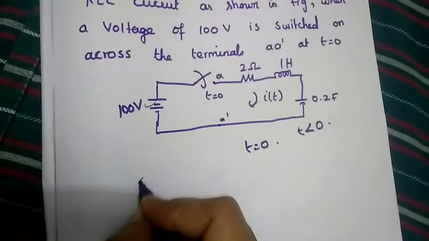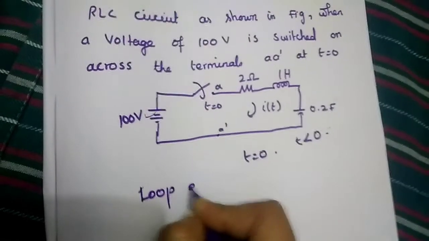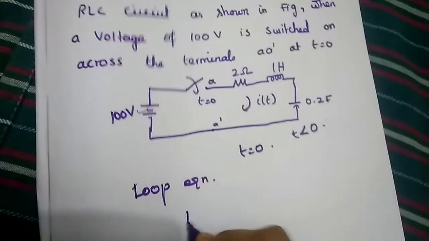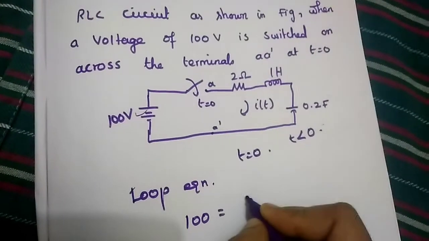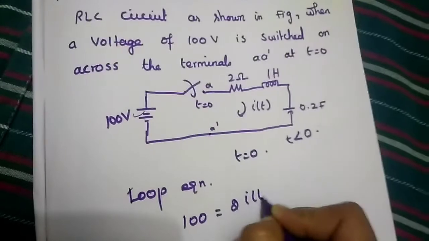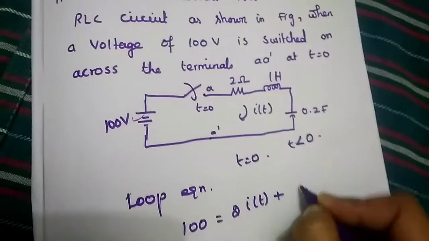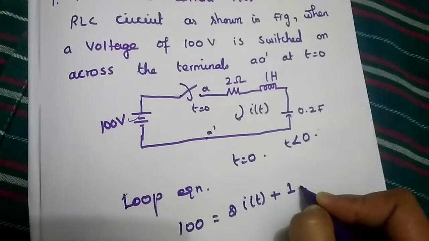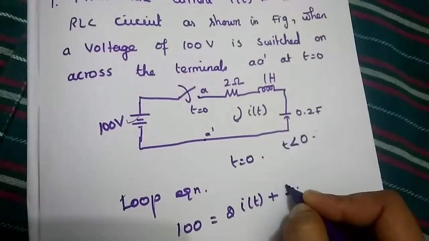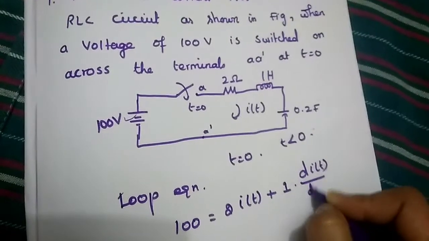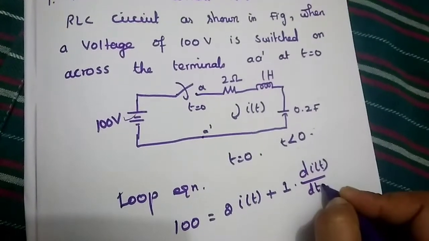The first step is to write the loop equation. This is a single loop circuit, so we can write 100 equal to 2 i(t) plus the inductor, which has a value of 1 henry, written as a derivative.